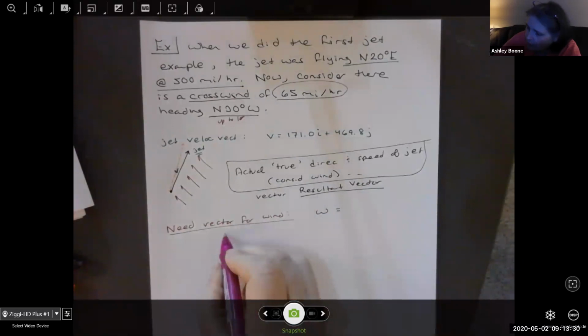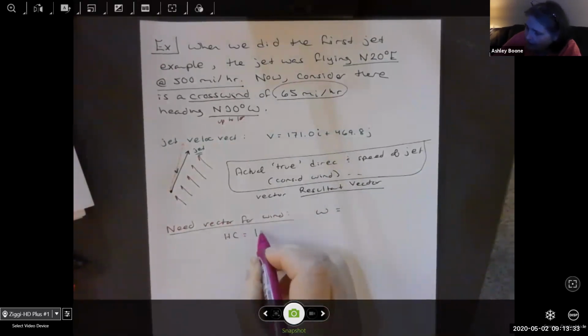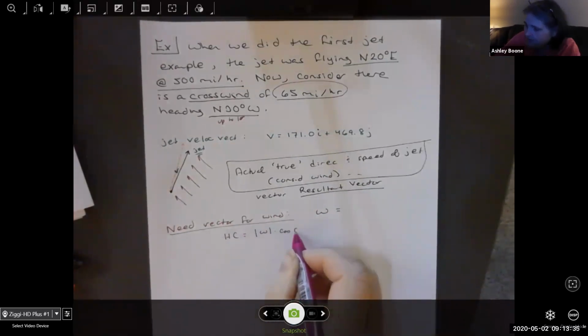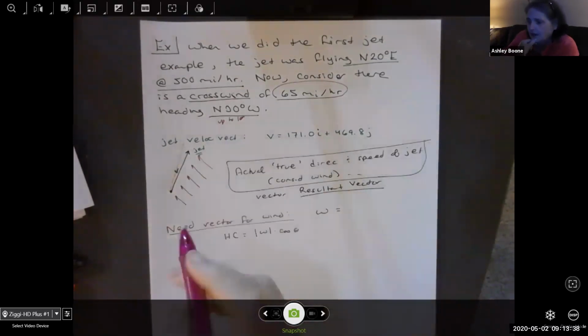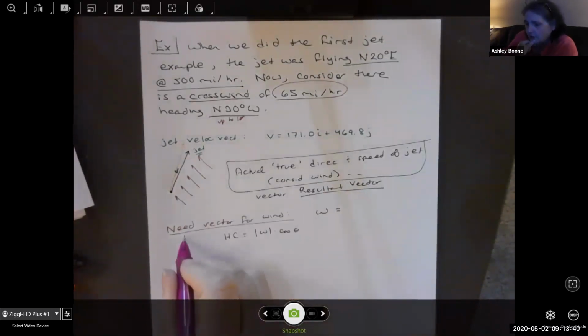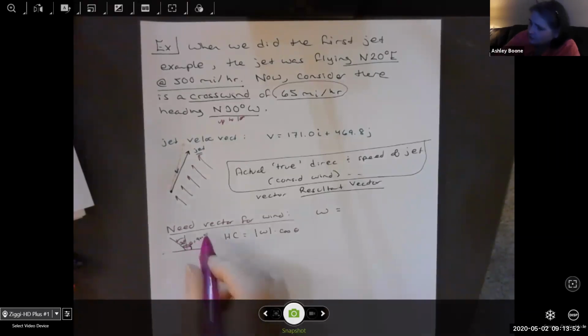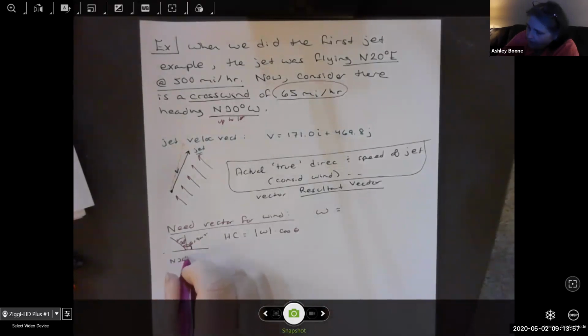Now, how do I get the horizontal component? I take the magnitude of the wind times the cosine of its central angle. Well, if it's going north 30 degrees west, that's a central angle of 90 plus 30, which is 120 degrees. So north 30 degrees west is the same thing as a central angle, or direction angle, of 120 degrees.